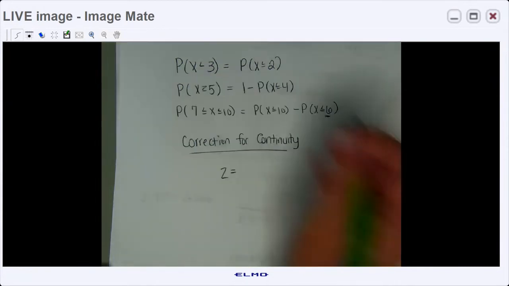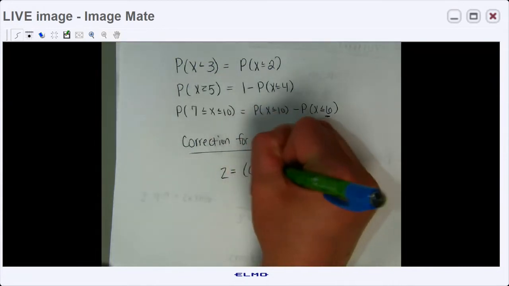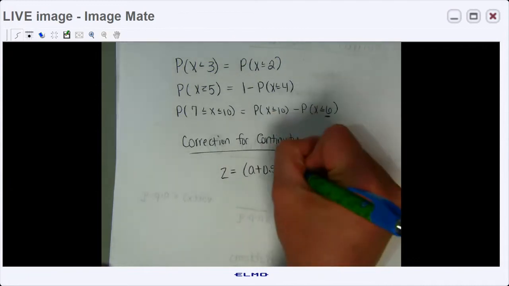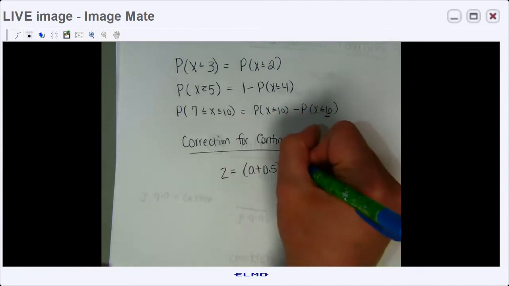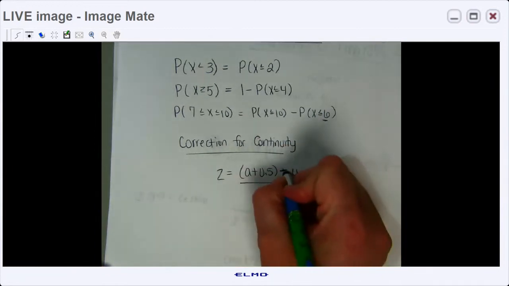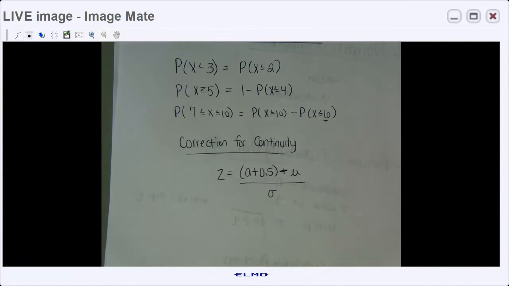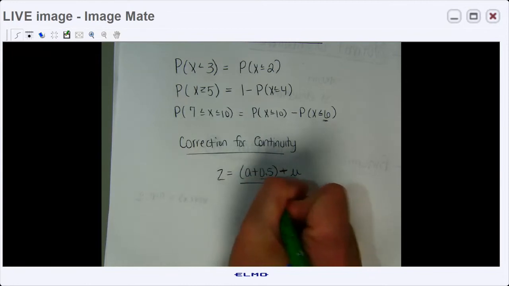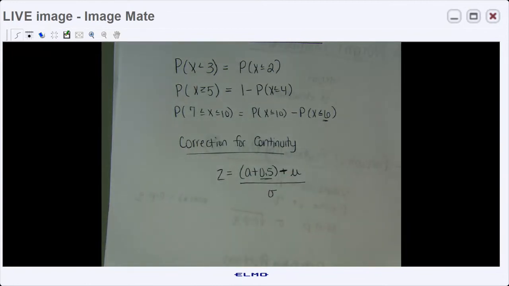And what that is, is that we add 0.5 to our value in the z-score. Subtract, that's a subtract. So your value plus 0.5 minus the mean and divided by your standard deviation. So it is your regular z-score formula, only we are taking our value and adding 0.5. And that is so we can get as much of the value as possible when we work out our probability.